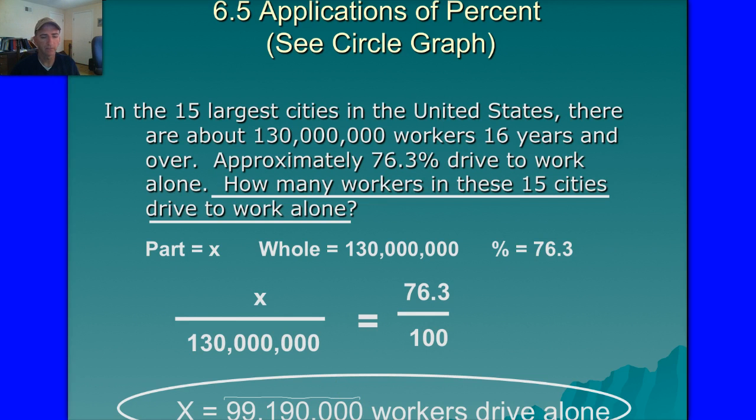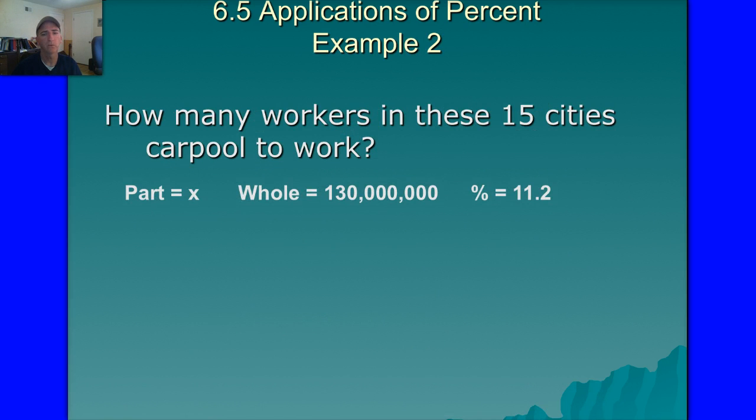And then very quickly, if I could do the last question, it says, how many workers in these 15 cities carpool to work? Well, you might have to flip back to your graph, but you'll see that 11.2 percent. I think I said that wrong. They carpool to work in this question. 11.2% carpool to work.